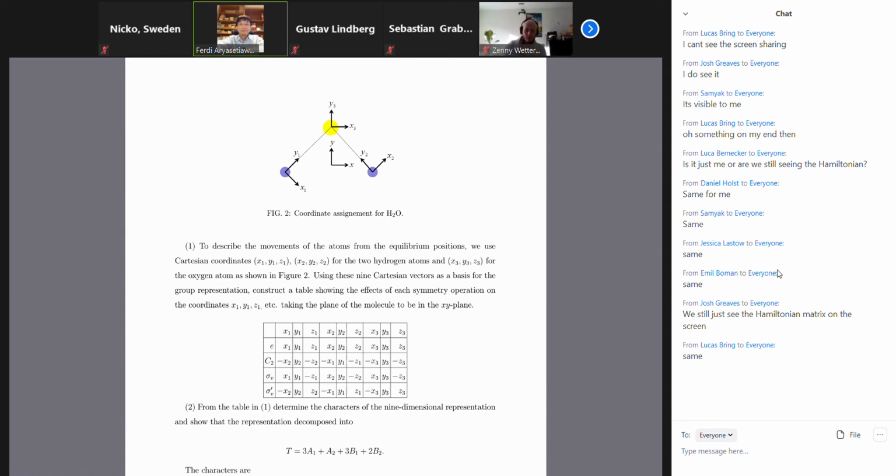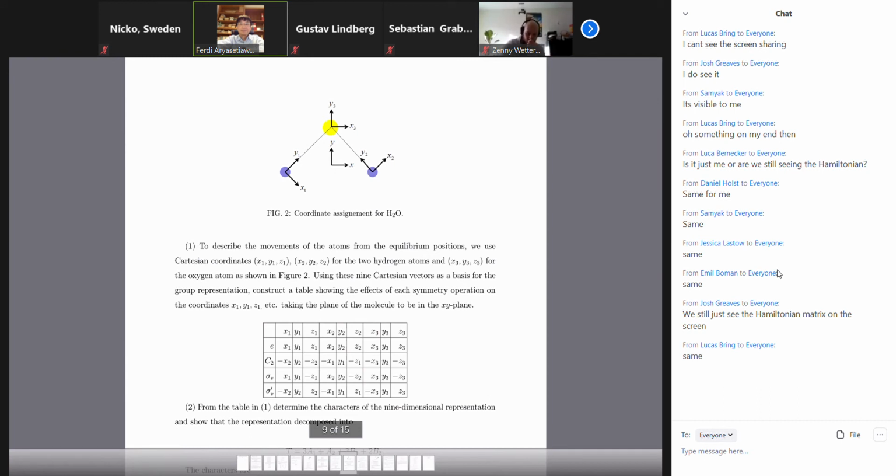Yes. The reason for choosing it this way is that it makes it easier to recognize the vibrational modes, because I know on physical grounds that there should be some vibrations along this line here and along this.